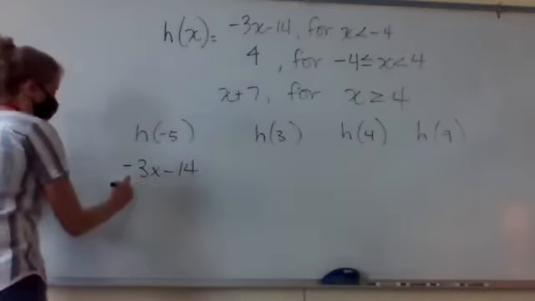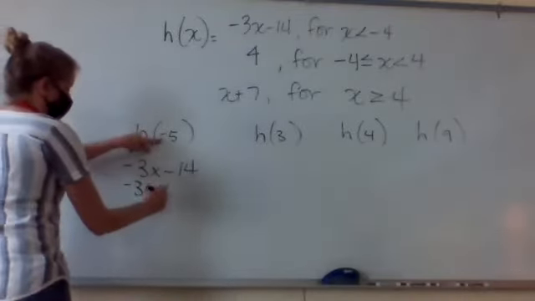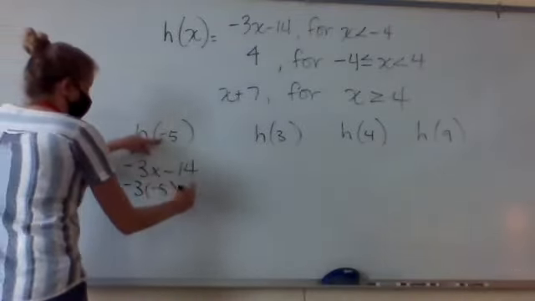So I'll have negative 3 times negative 5 minus 14. Negative times negative gives me positive 15 minus 14, which is 1. So that answer would be 1.